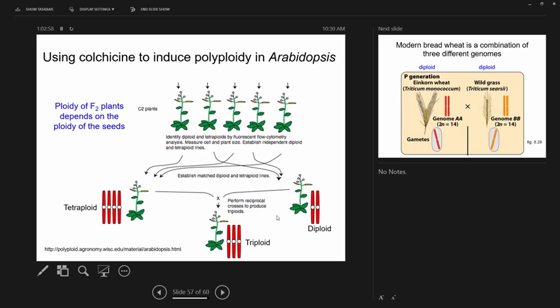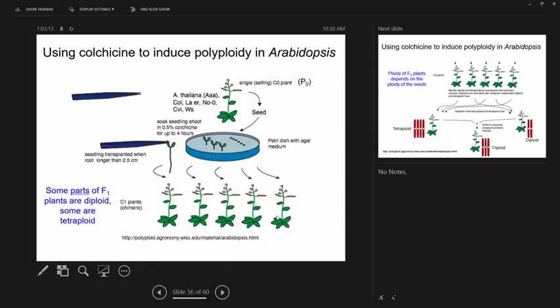In most cases, you will get diploid plants. But in some cases, you'll get tetraploid plants that have 4 of each chromosome. And these plants are completely tetraploid because they came from a plant where the gametes were developed from the tetraploid cells.